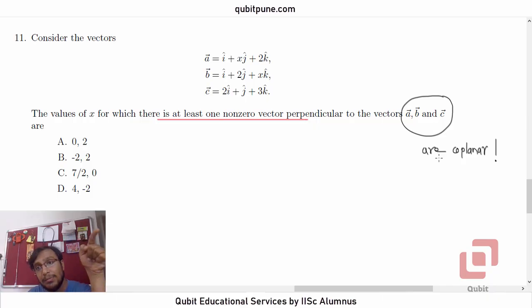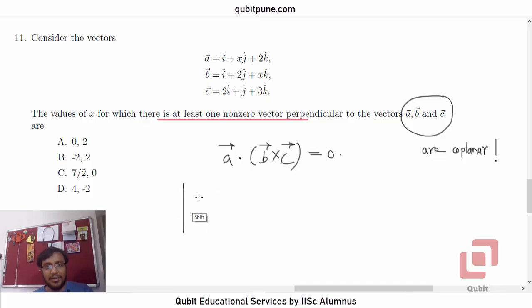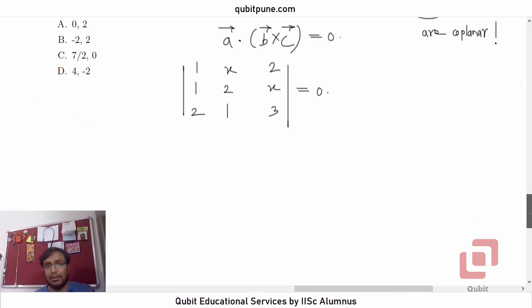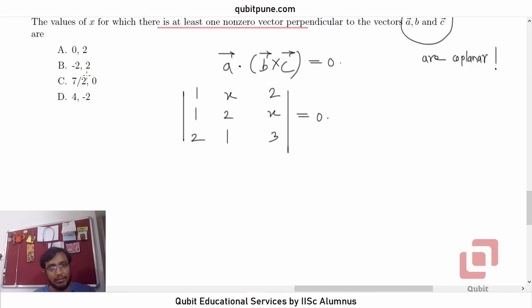So when they are coplanar, their scalar triple product A bar dot B bar cross C bar is equal to 0. It means the determinant 1 x 2, 1 2 x, 2 1 3 is equal to 0. Now we need to expand the determinant, get the equation, which I guess is quadratic because of the two values of x, and then solve it to get the answer.